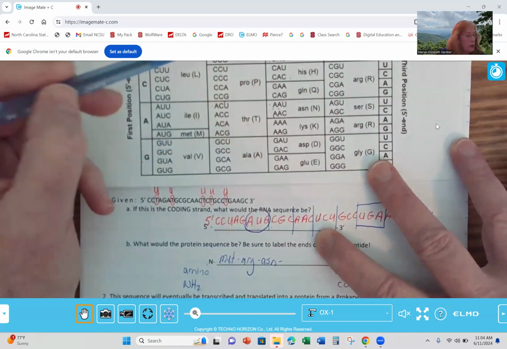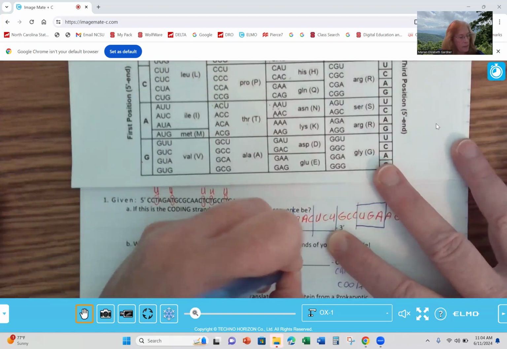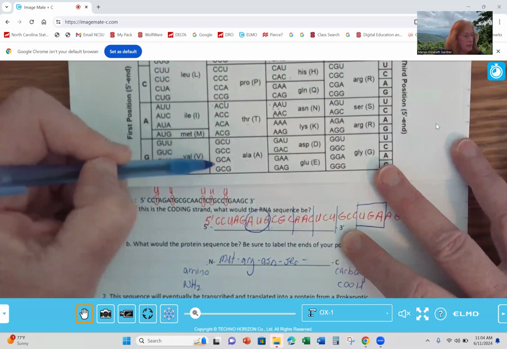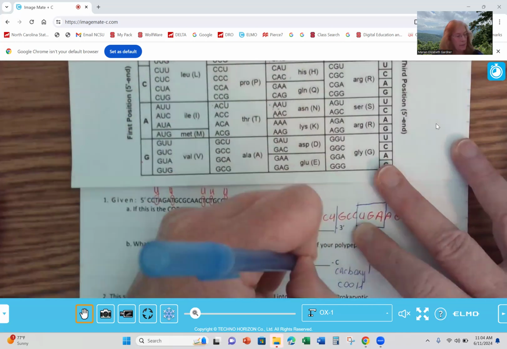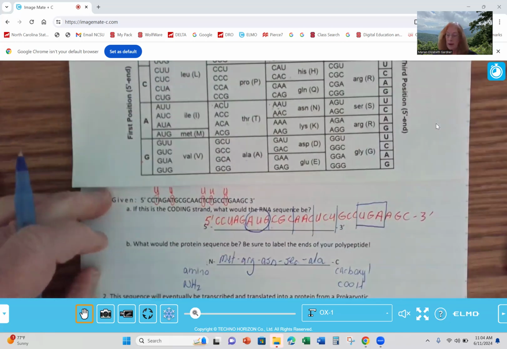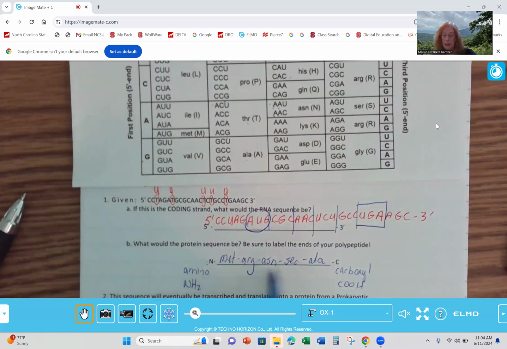UCU, UCU codes for serine. And GCC, GCC codes for alanine. So we've got our protein: methionine, arginine, asparagine, serine, alanine.